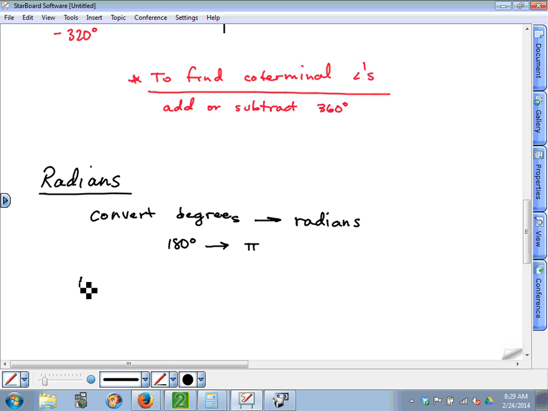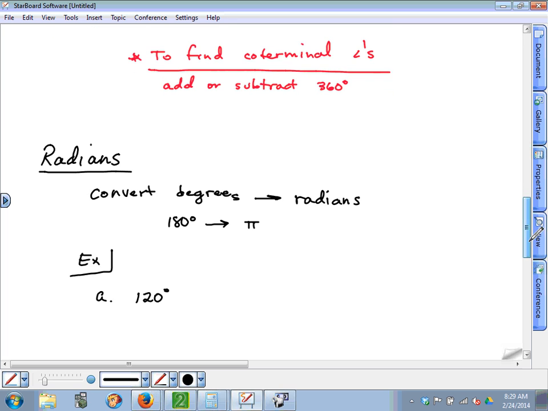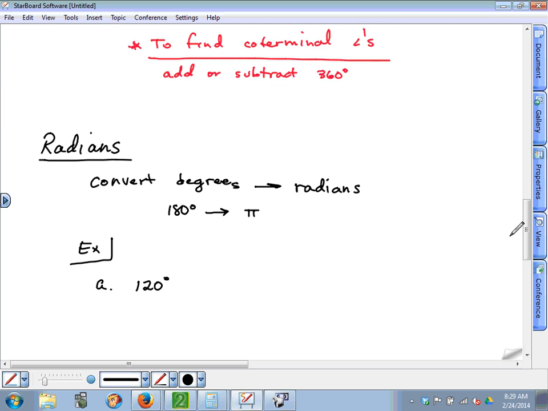So, part A of this example, what's 120 degrees? Now, depending on how well you did in your science class on dimensional analysis, we're going to have to multiply this by a fraction, something over something. And the key is that fraction has to equal 1.